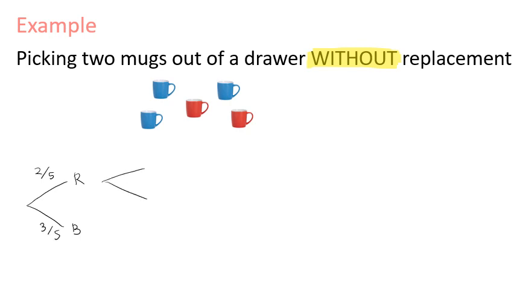And on the next pick, if I've already got a red, the probability of getting a red on the second pick is 1 out of 4 and the probability of a blue 3 out of 4. But if on the first pick I get a blue, then the probability of getting a red is 2 out of 4 and a blue 2 out of 4.